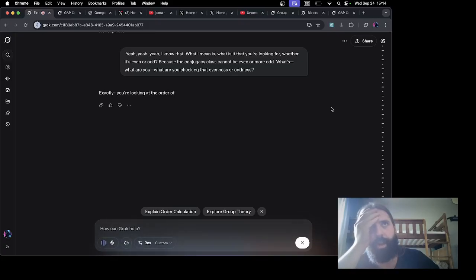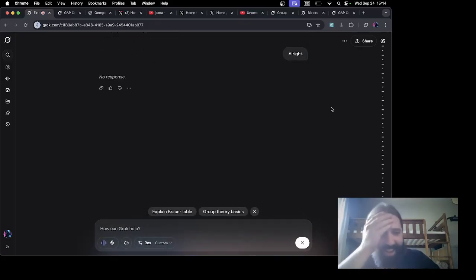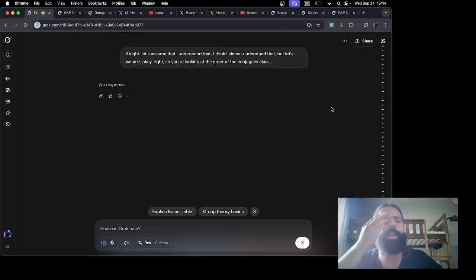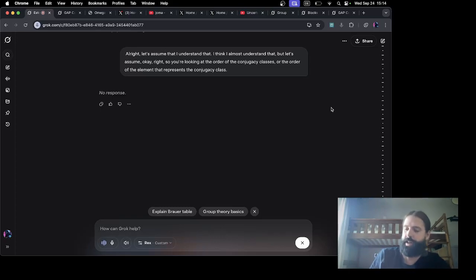All right. Simple. Let's assume that I understand that. I think I almost understand that, but let's assume, okay, right. So you're looking at the order of the element that represents the conjugacy class. Because characteristic 2 is telling you that these plus these equals 0, that's where the modularity happens. Fine.